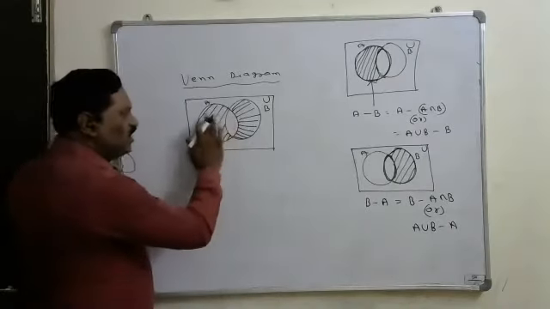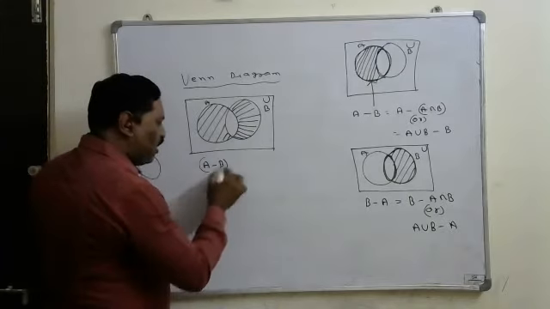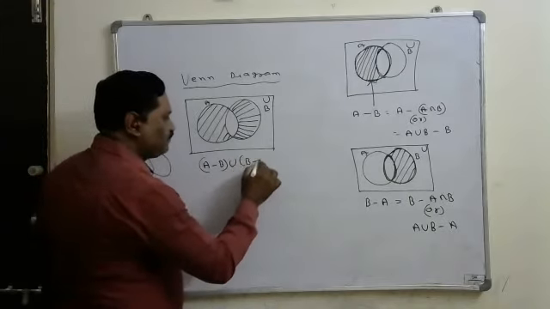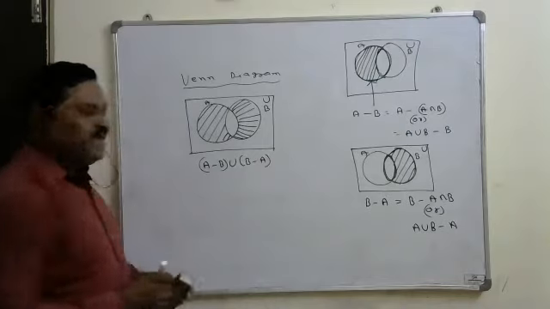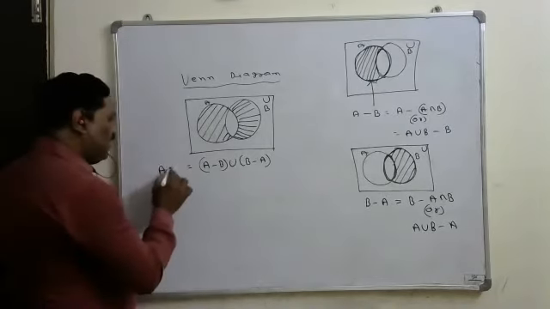That's why this total hashed area, this or this, you can write as A minus B or B minus A. That will be represented by A delta B.